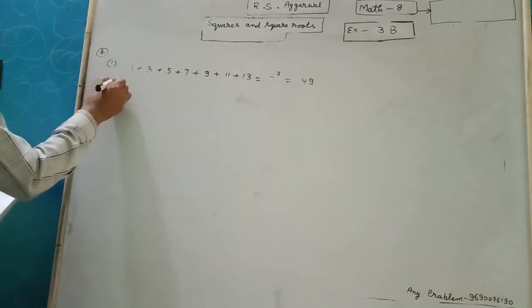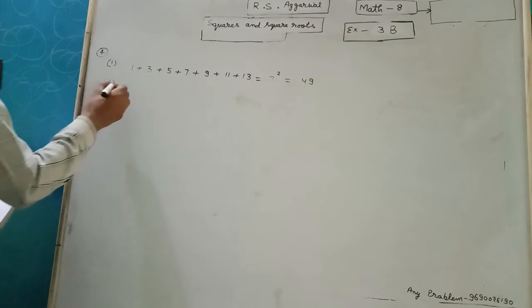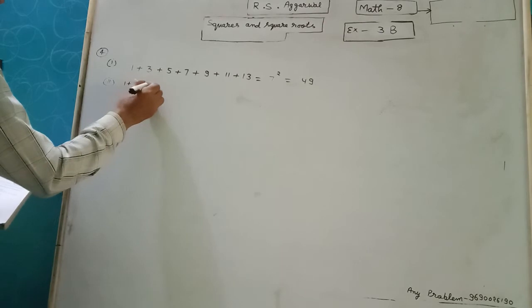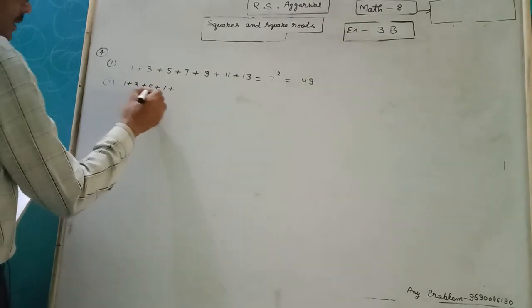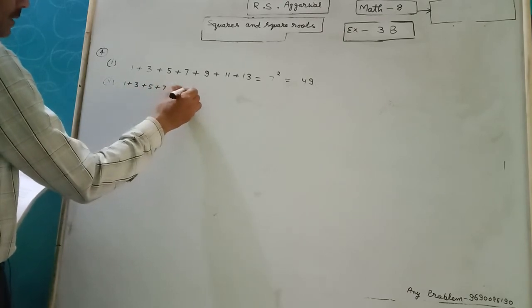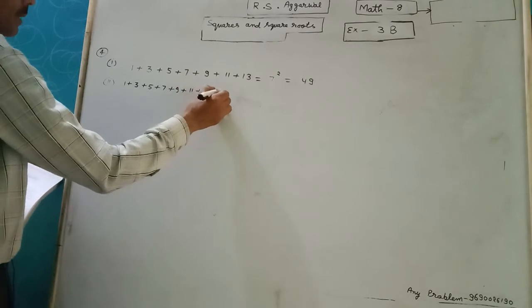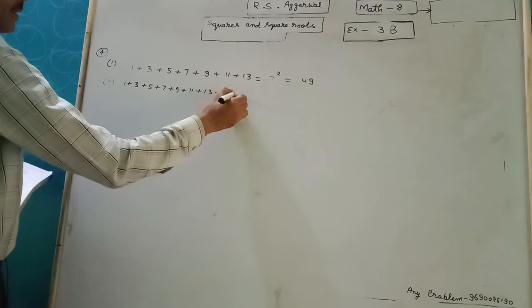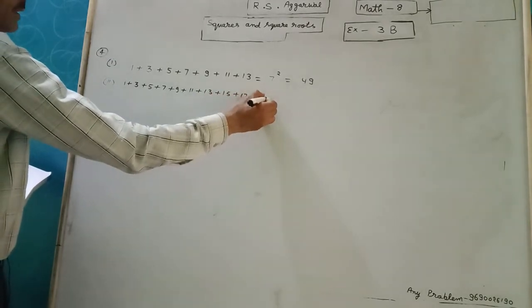Second part, as 1 plus 3 plus 5 plus 7 all is the odd number. 9 plus 11 plus 13 plus 15 plus 17 plus 19.